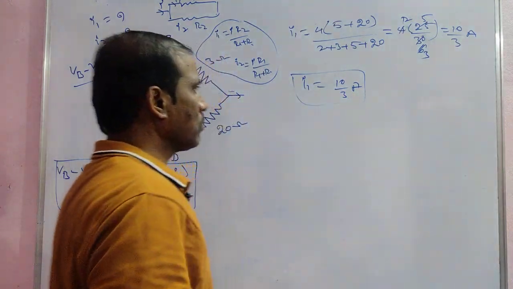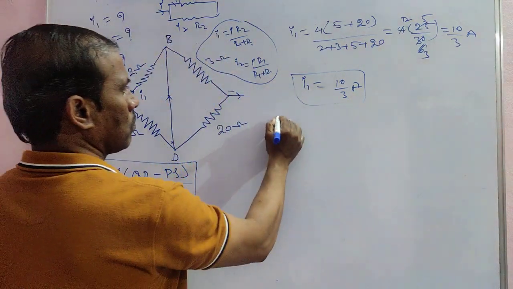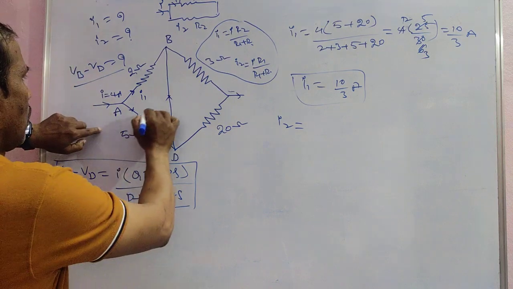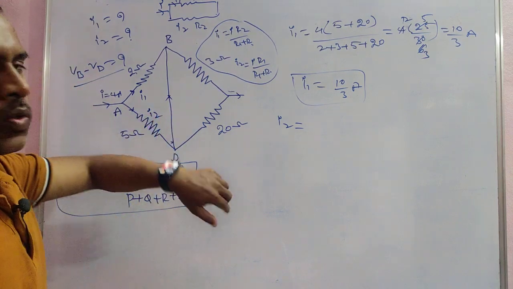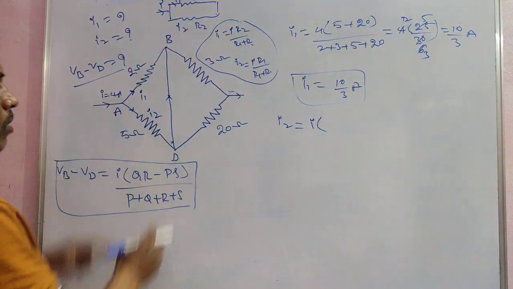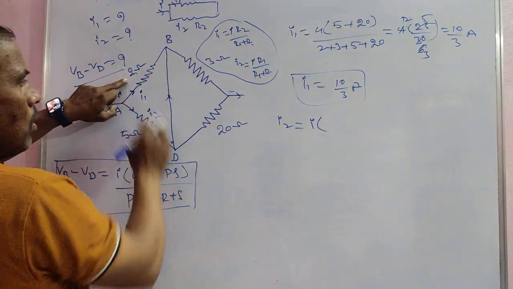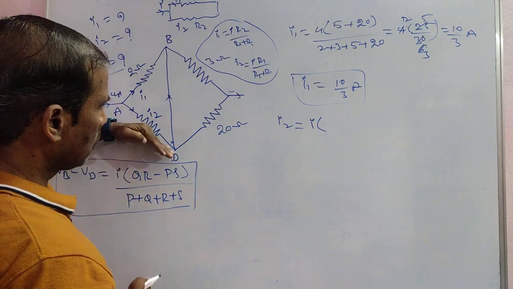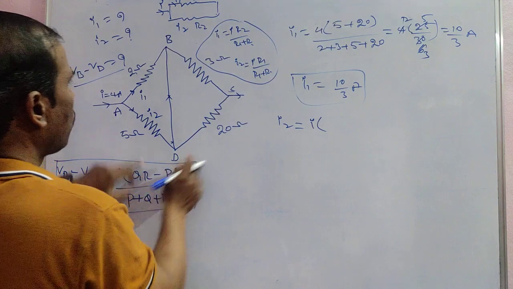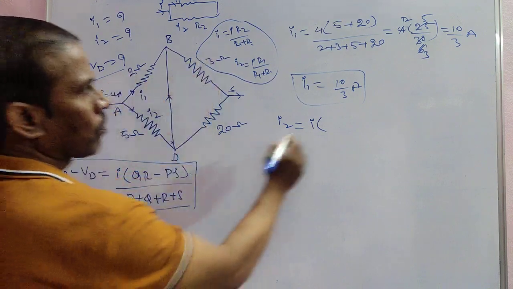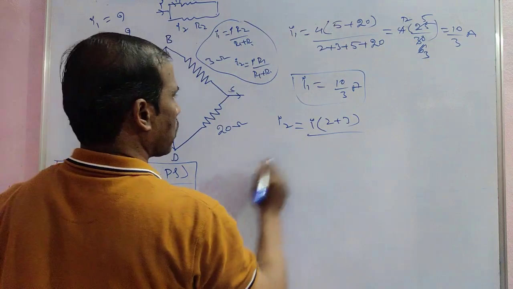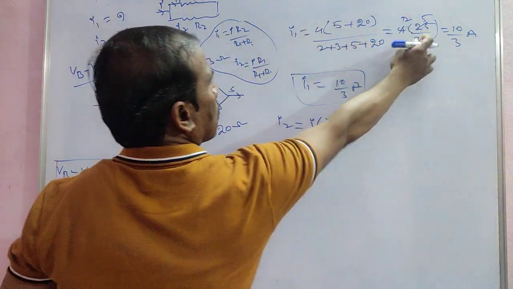Next, I2 is equal to total current into opposite resistance, nothing but the current passing through A to D, D to C. The opposite resistance is nothing but 2 plus 3, by total resistance, here 30.